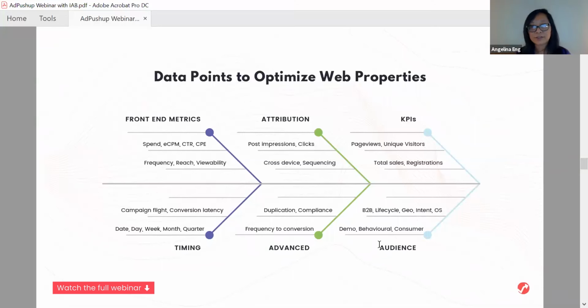When it comes to frequency to conversion, you've probably seen a lot of studies where there's this bell curve. Well, that bell curve initially was based on when ads were not also viewable. So I haven't seen any current studies right now looking at viewability and eliminating fraud with frequency.